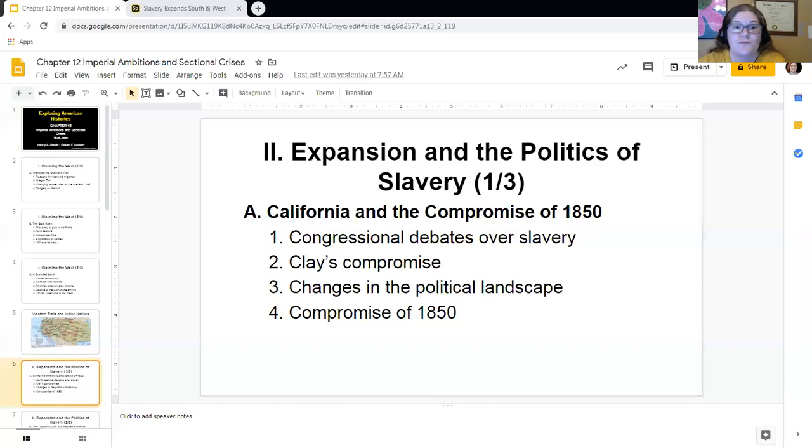Now, this, of course, brings immediate protest from Southerners who recognize that this admission of California as a free state will immediately tip the delicate balance of power between the free states and the slaveholding states in the Union. And so Southerners are immediately opposed to this, California being admitted as a free state.